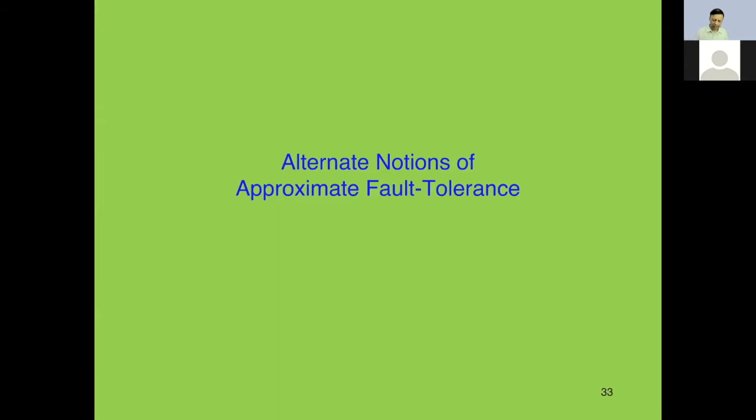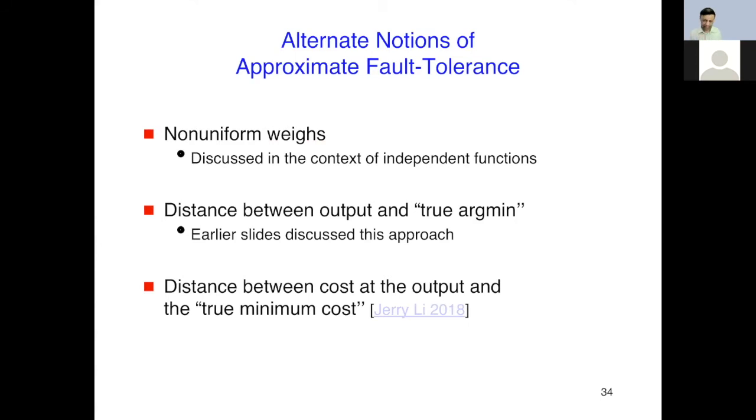So the notion of fault tolerance that we just discussed is so-called approximate resilience. Before that, we talked about exact resilience. And there are other versions as well. In fact, the first notion of approximate resilience that we discussed was non-uniform weights in the context of independent functions. What we observed is that the goal of finding the argmin over the aggregate of all good cost functions is really identical to computing the argmin of a uniformly weighted average of the cost functions of the good agents.